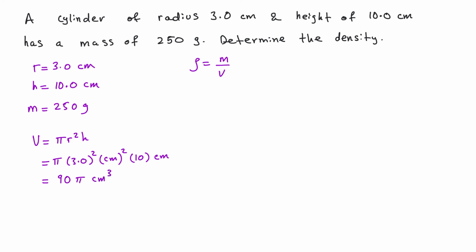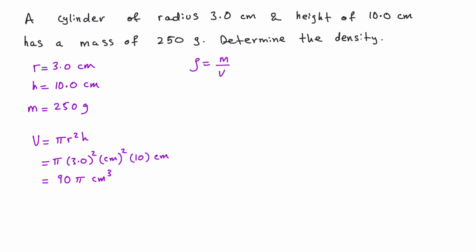I got that by 3 squared is 9 times 10 is 90 times pi times centimeters squared, and centimeter, when they multiply together, is going to be a cubic centimeter. Now, in this step of the solution, you can keep your answers in terms of pi, or you can multiply by 3.14 in this step. It's completely up to you. It doesn't make a huge difference.